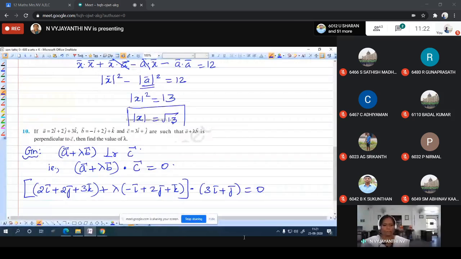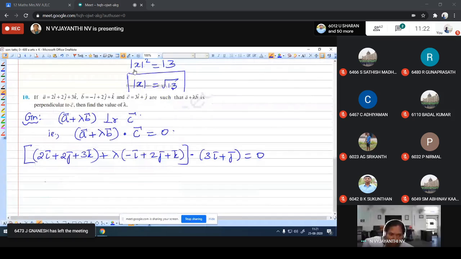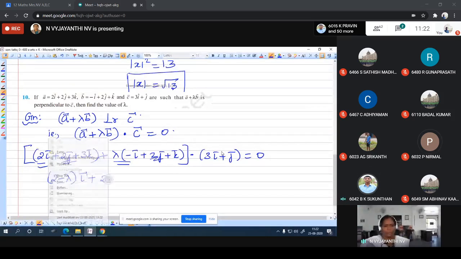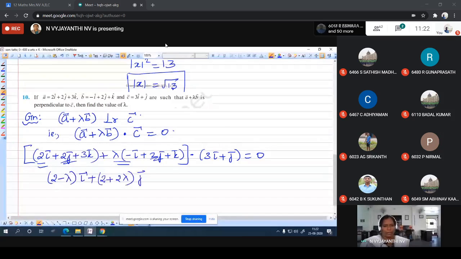So can you combine these i terms? 2 minus lambda i vector plus 2 plus 2 lambda j vector and 3 plus lambda into k vector, dot 3i plus j vector equal to 0.